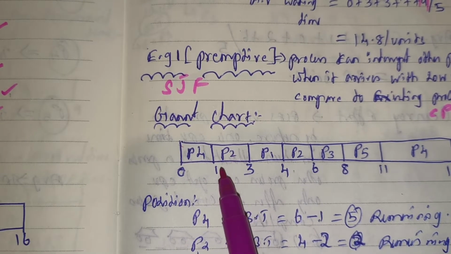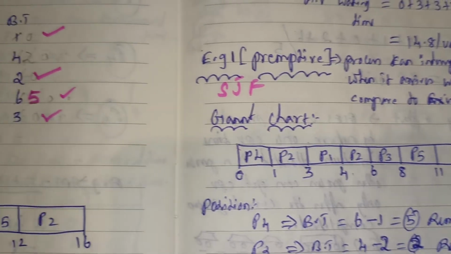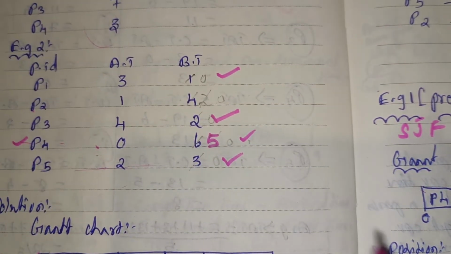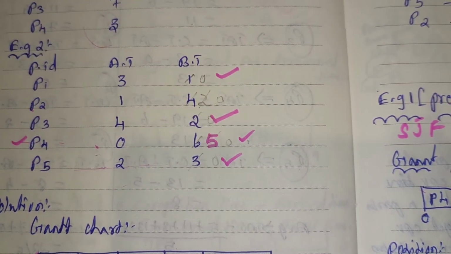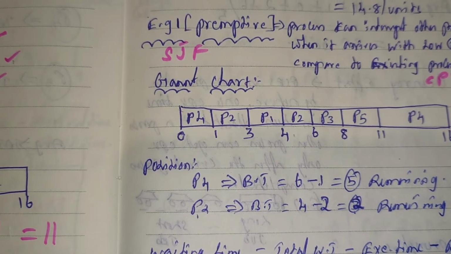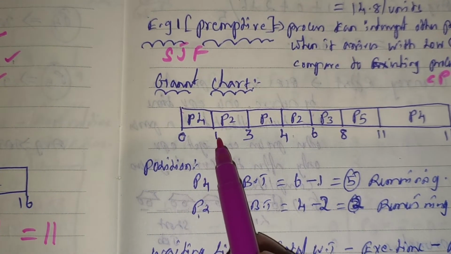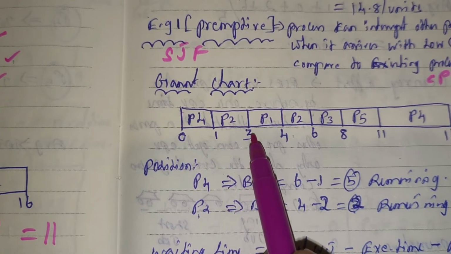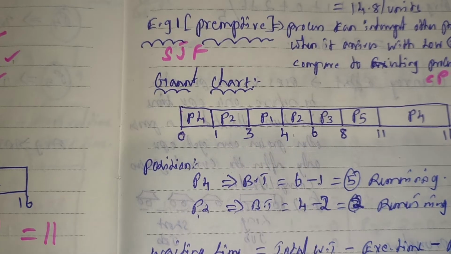P2 is coming inside, and how long will it execute? It is executing for 2 units, seconds or minutes, whichever unit you take. Because it starts at 1 and runs to 3. By the time of 3, who is coming inside?